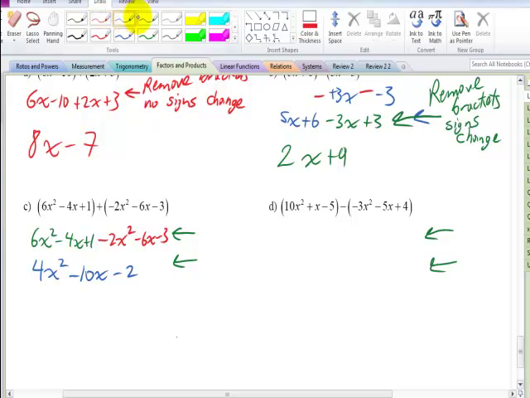Good. When I rewrite D, I don't change anything in the first brackets, but when I rewrite it, I use my arrows. So I use my arrow, change my sign to plus 3x squared. Then I subtract the middle one, change my sign to plus 5x.